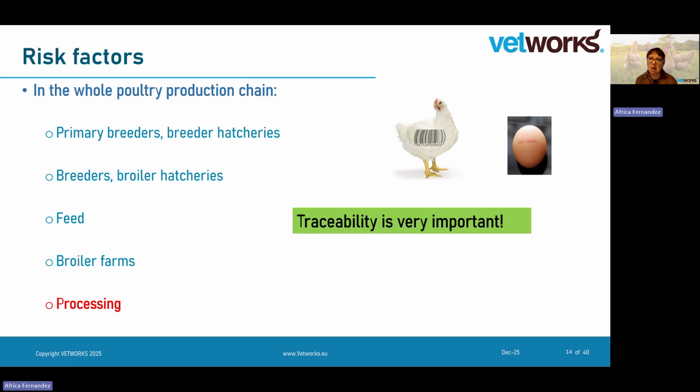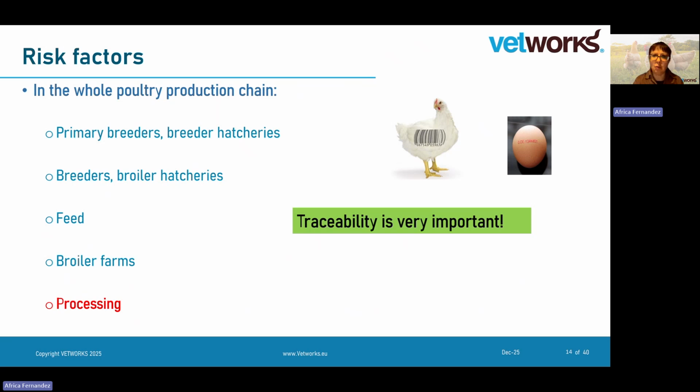and therefore going into the slaughterhouse. In this process, as we can imagine, traceability is very important: knowing where the eggs go from the different farms, into transport, into the different machines in the hatchery, the hatchers, in case we have a positive and we have to make decisions of what to do with these products, the eggs that are infected: destroy them, or while we are doing the investigations, hold them.